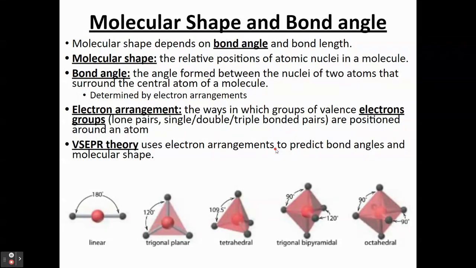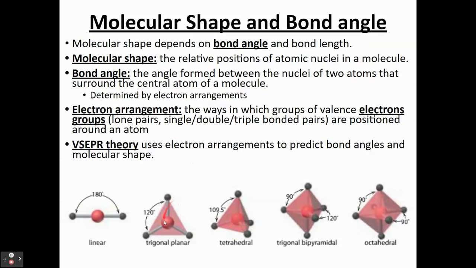Before we go on to see some more details of VSEPR theory, we need to take a look at some terminology, just some background terms so that you understand what we're speaking about when we refer to VSEPR theory. So when we talk about molecular shape, that's how the atoms are arranged around the central atom and what shape they make overall in a 3D structure.